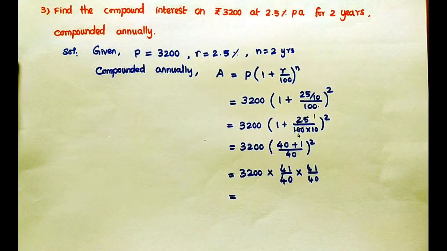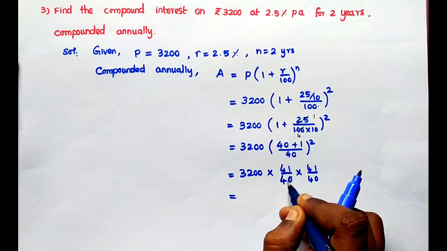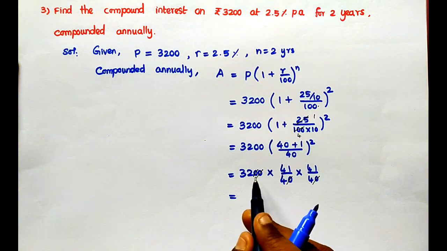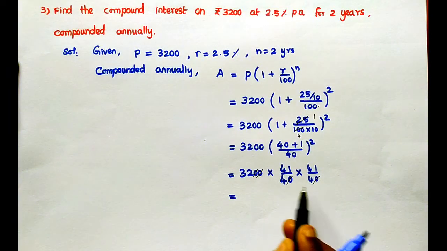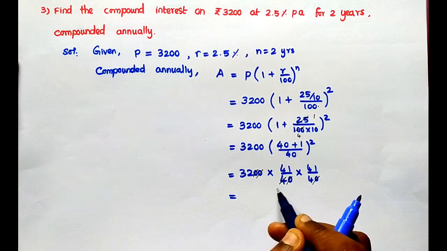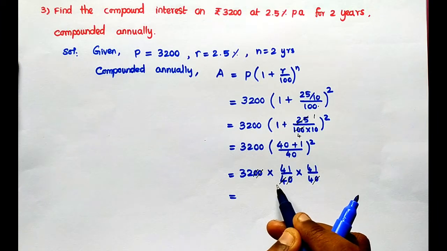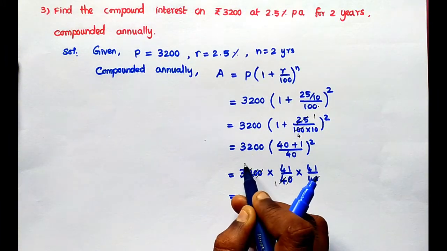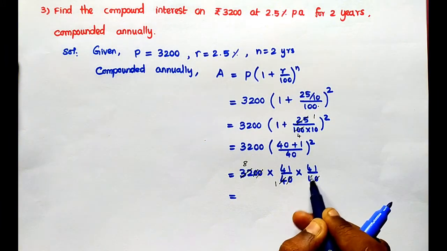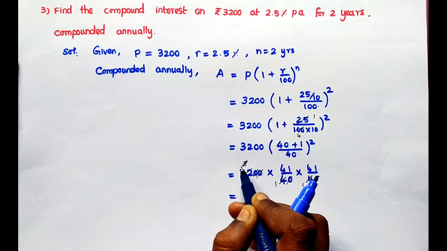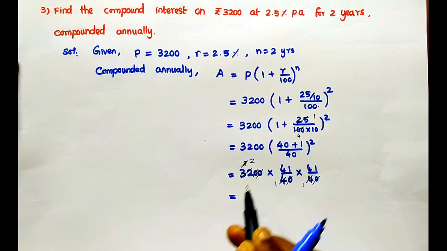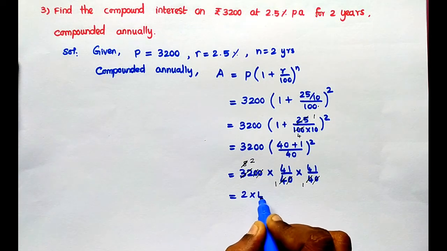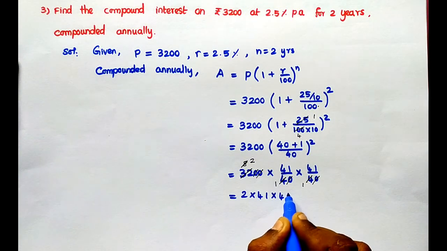Now cancellation, 0 0 cancel, here also 0 0 cancelled, this 2 0 2 0 cancelled. Now cancelled by the 4 table. 1 4 is 4, here 8 4s are 32, again 4 1s are 4, 4 2s are 8. Remaining number is 2 into 41 into 41.